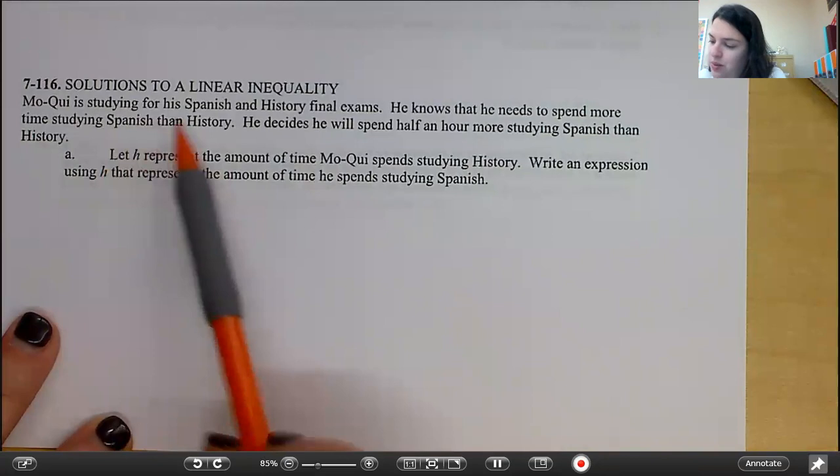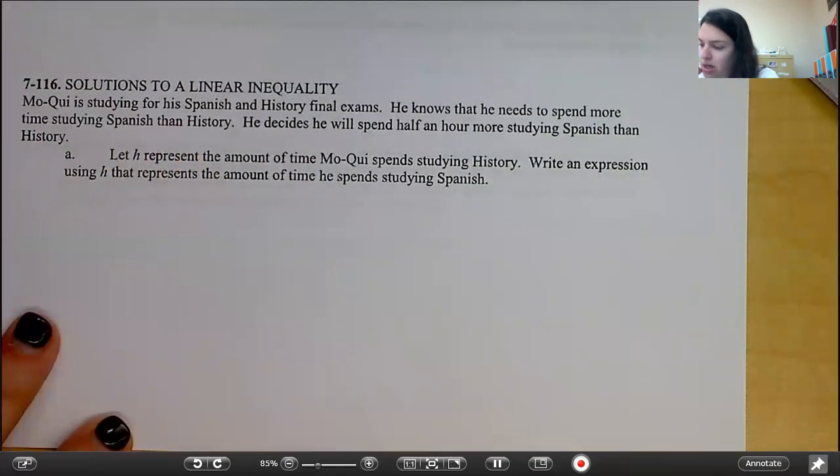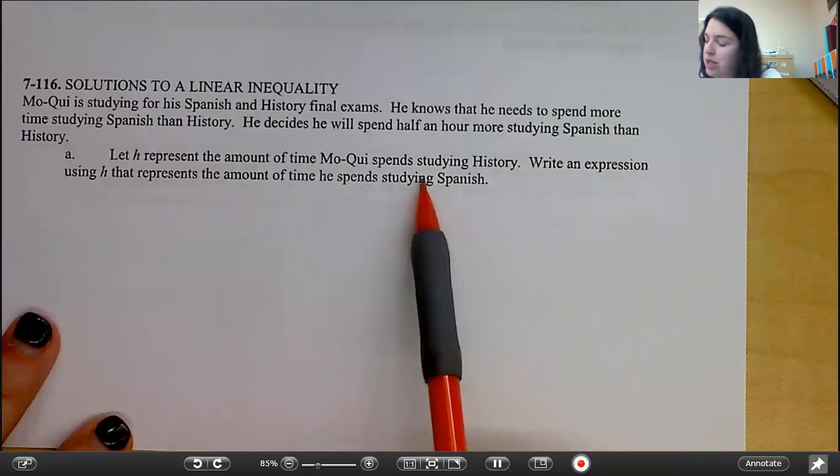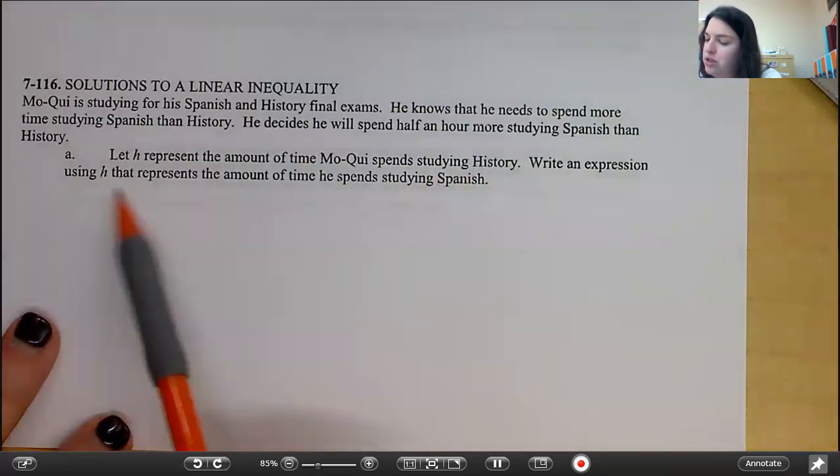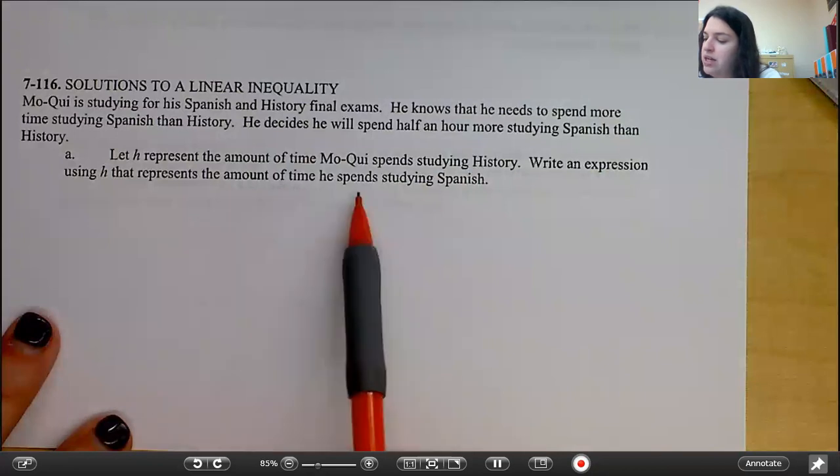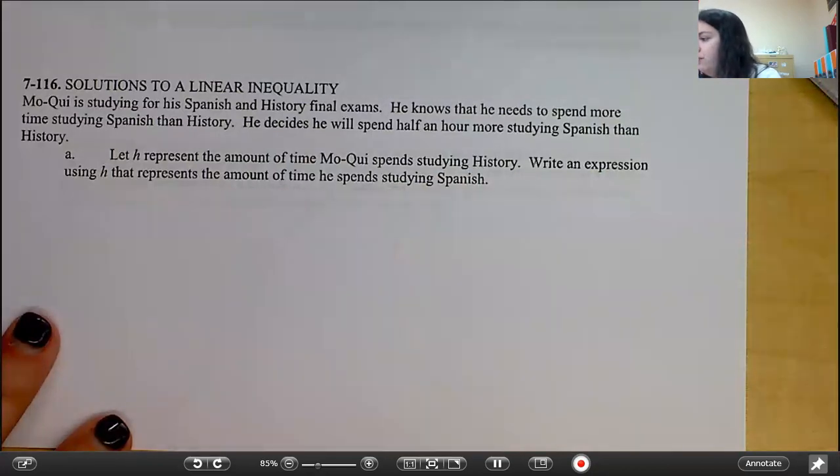Moqui is studying for his Spanish and history final exams. He knows that he needs to spend more time studying for Spanish than history. He decides he will spend half an hour more studying Spanish than history. Let H represent the amount of time Moqui spends studying history. Write an expression using H that represents the amount of time he spends studying Spanish.